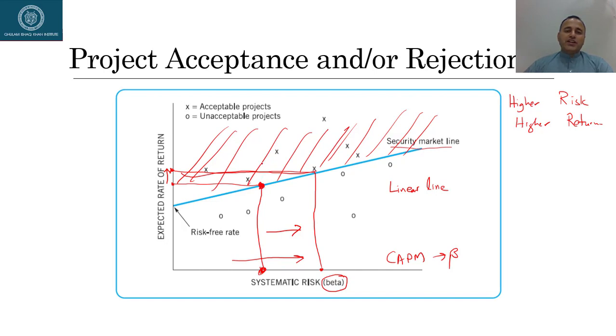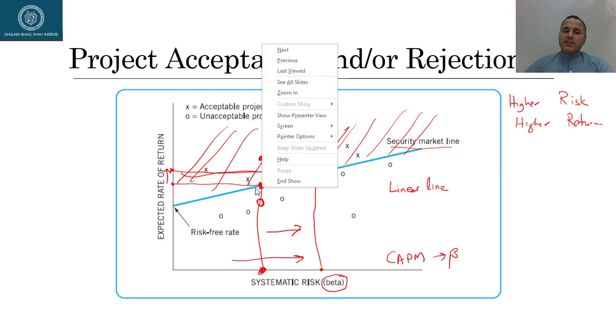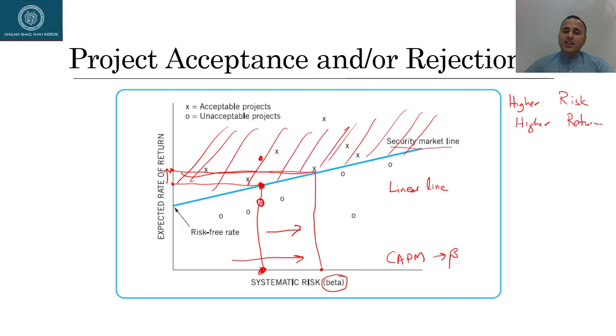If the return is somewhere over here, it is more than my minimum requirement, so I accept that. But if for a similar risk my project return is down here, it is not optimal, because according to this security market line, this is the minimum rate of return I am expecting. So anything below, I do not accept.